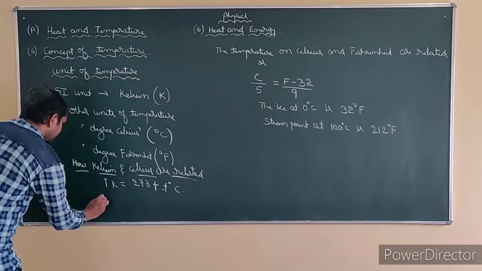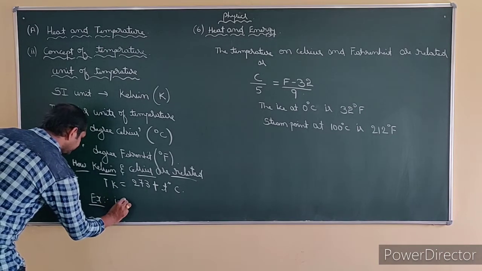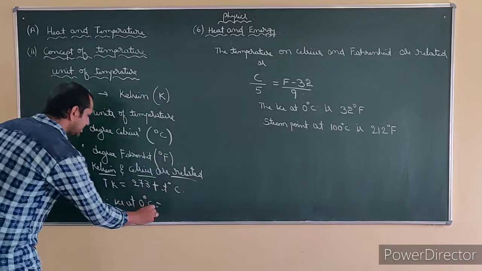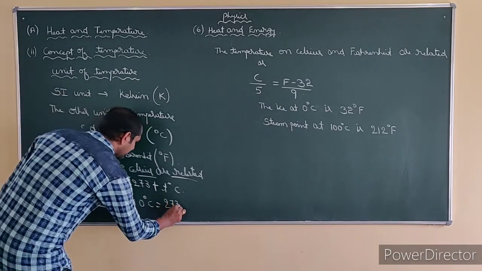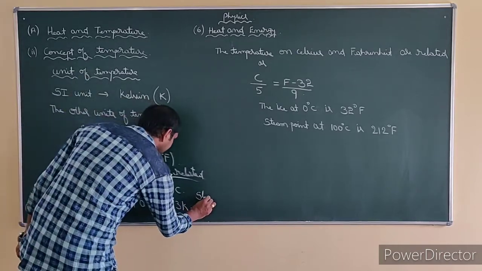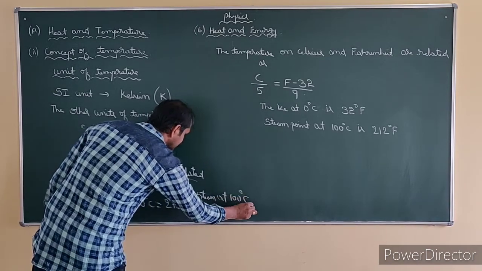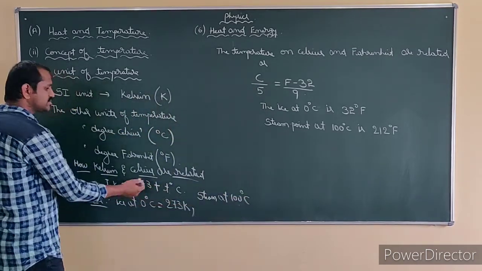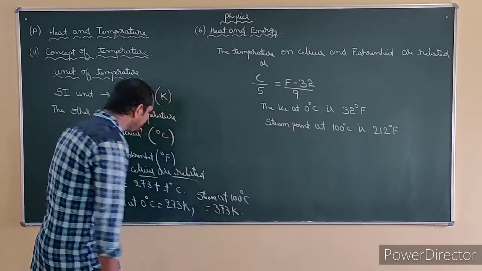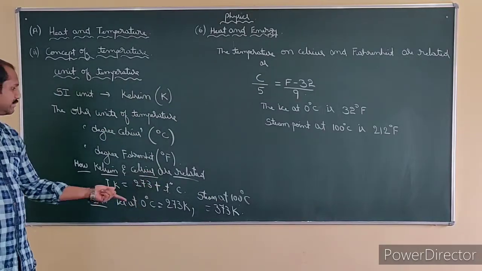For example, consider ice at 0 degrees Celsius. 0 plus 273 gives me 273 Kelvin. Then if you want to take steam at 100 degrees Celsius, substitute 100 degrees Celsius here. 100 plus 273 is 373 Kelvin. When you add 273, degrees Celsius converts to Kelvin.